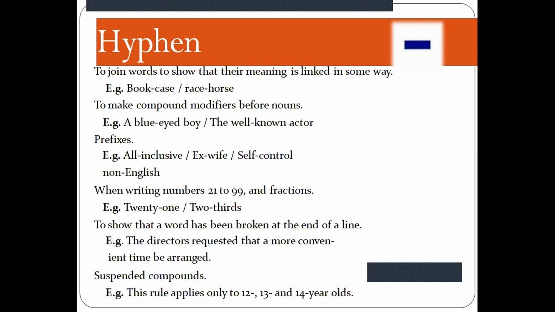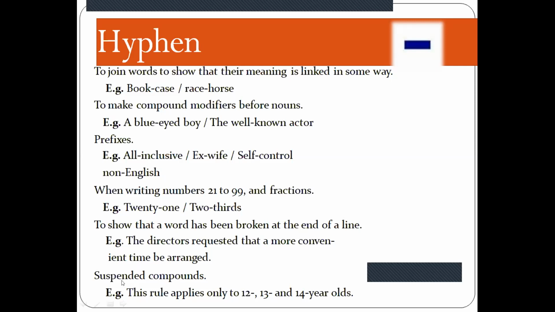And we put a hyphen in 2/3, like that. Also to show that a word has been broken at the end of a line, e.g., the director's request that a more convenient time be arranged. When you reach the margin, you put a hyphen to show there is a continuation of the word.